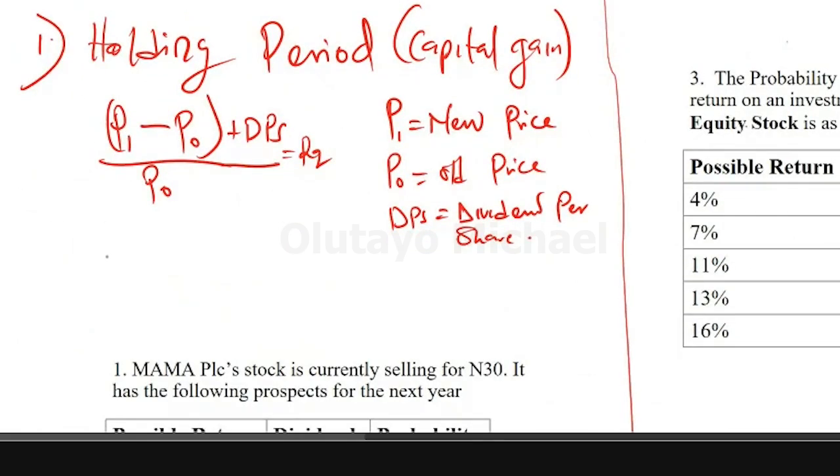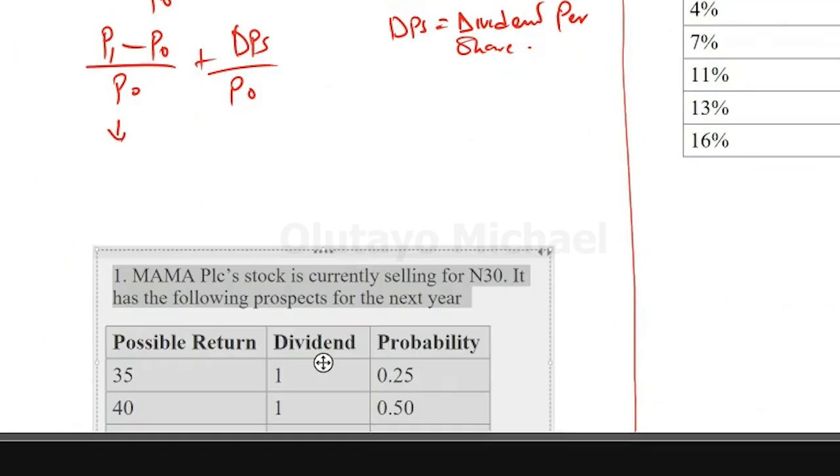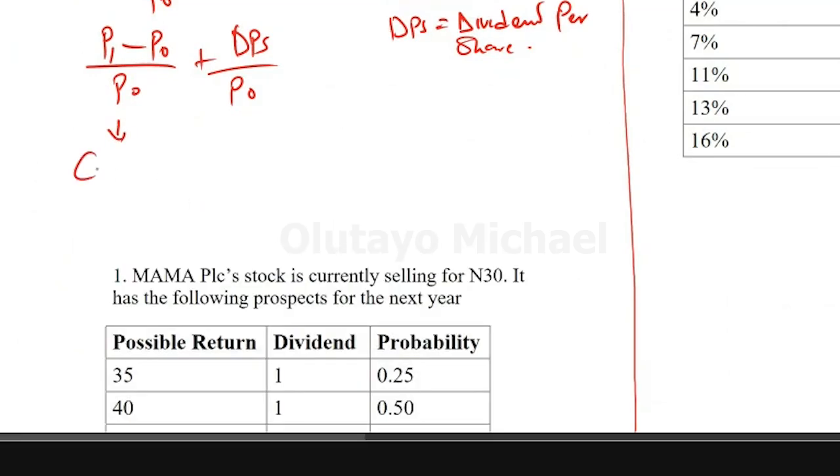Okay, so this computation can also be seen as P1 minus P0 over P0 plus dividend per share over P0. Where this particular one is called capital gain yield, and then this particular one is called dividend yield.